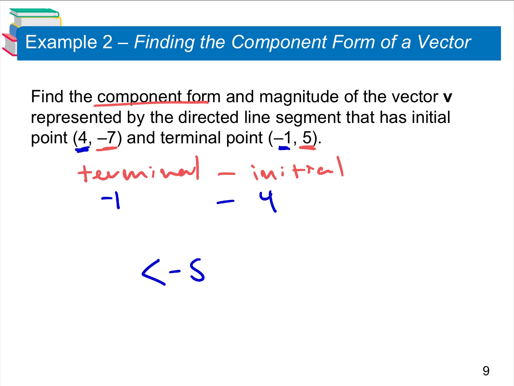And then we have terminal minus initial again, so that would be 5 minus -7. What's 5 minus -7? 12. So the first point goes with the first point, second one goes with the second, and it's always terminal minus initial. So this is our component form.